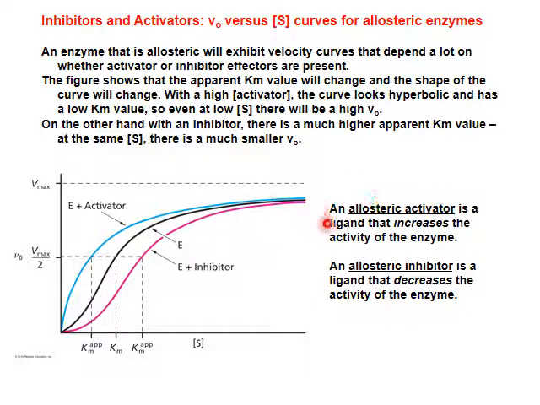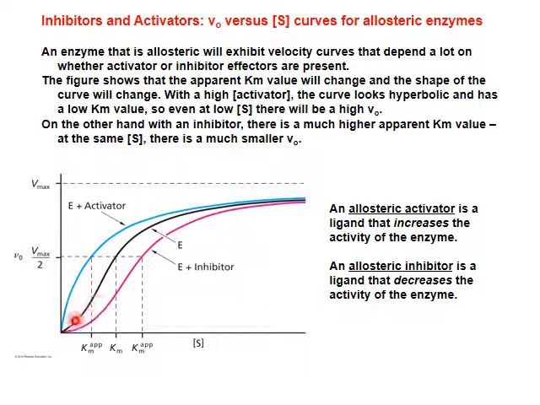One is an activator, a ligand that increases the activity of the enzyme, and so you see a change in your Michaelis-Menten plots, okay? So with the activator, things go faster, and the allosteric inhibitor decreases the enzyme activity, so things go slower.